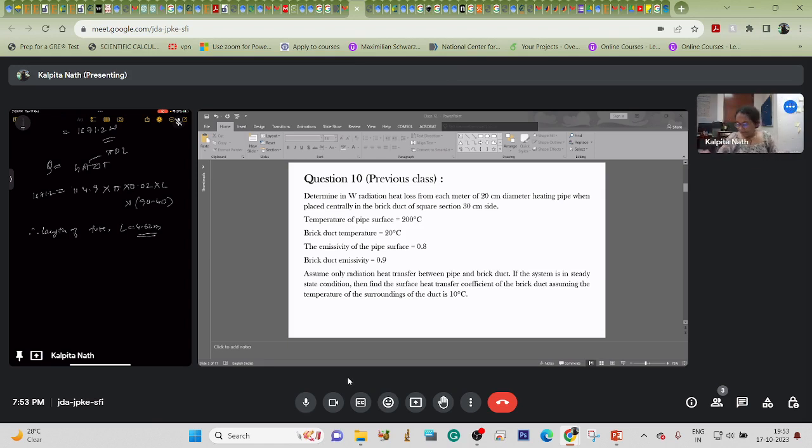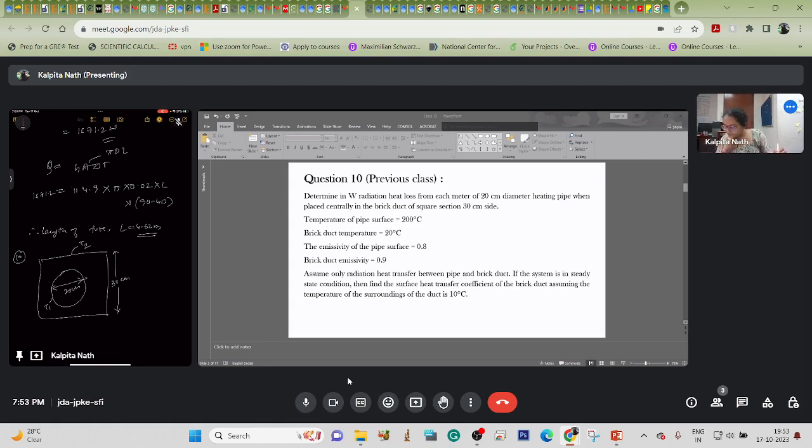Okay, so first of all, let us draw the diagram. So this is the duct. This is of 20 centimeter, and this is at temperature T1, and this is at T2. This is 30 centimeter.